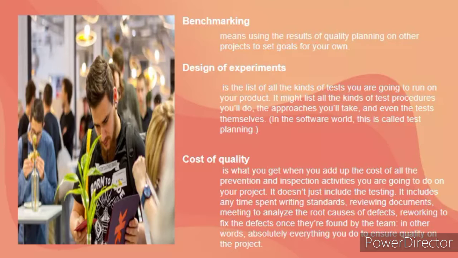Next is benchmarking. This means using the results of quality planning on other projects to set goals for your own. For example, you might find that the last project in your company had 20% fewer defects than the one before it.